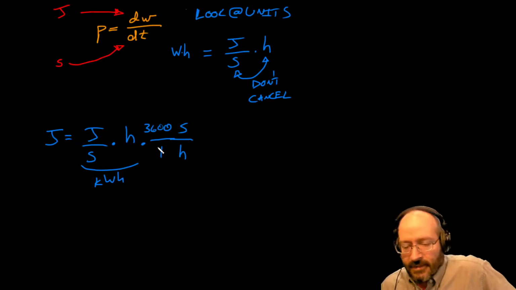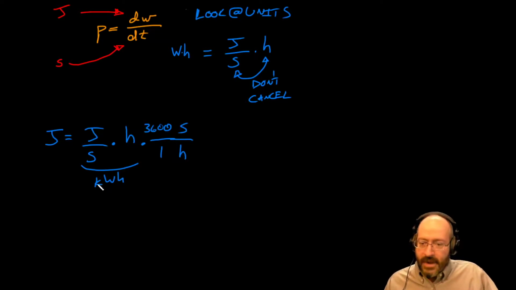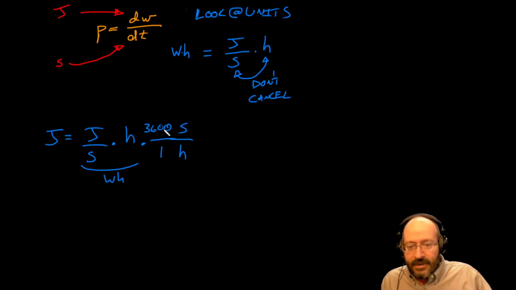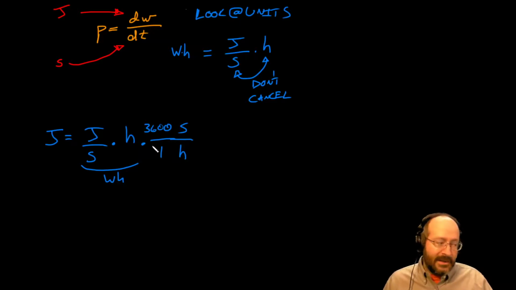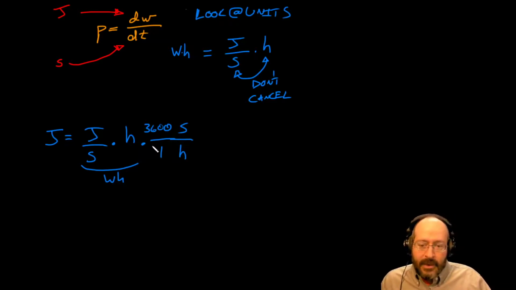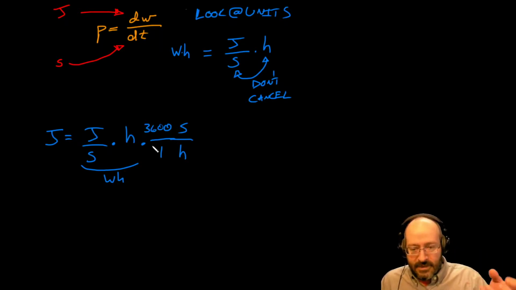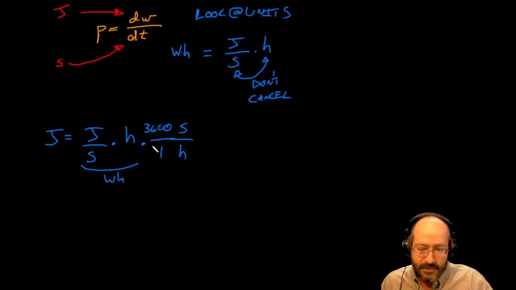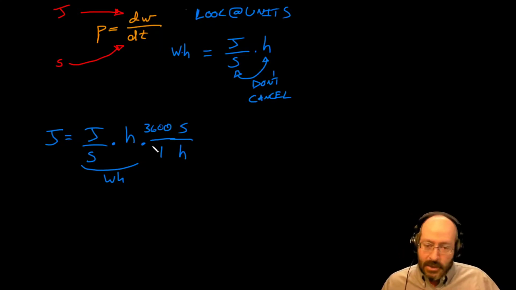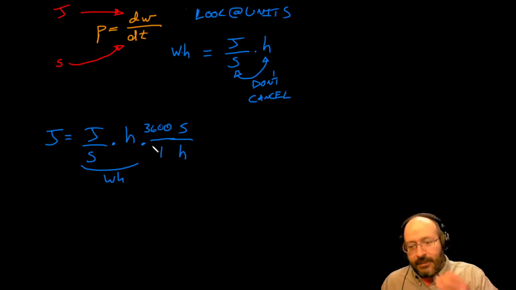If I take watt hours, not kilowatt hours, and I multiply it by 3,600, I'm going to end up with joules. Now, if you account for the kilo and you use it as part of your value for watt hours, then you can just multiply by 3,600 and you're good to go. That's why the prefix becomes part of the number.